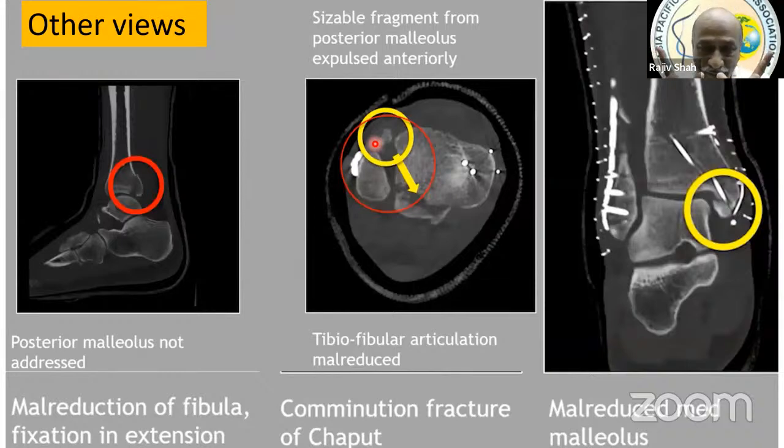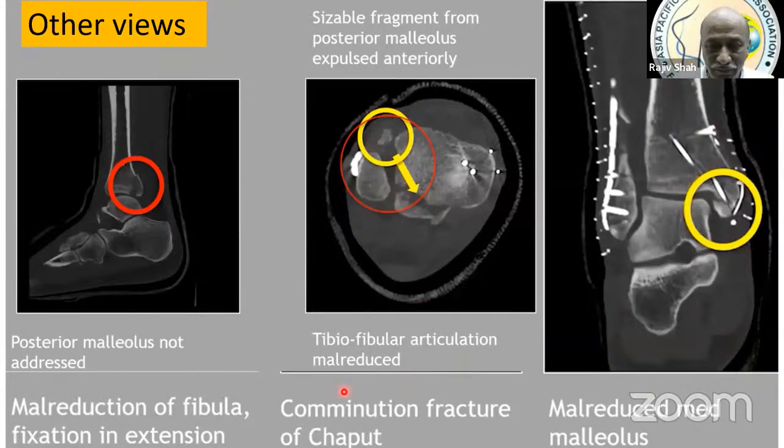I'll go personally to the CT scan, or my fellow would go, position the limb into equal amount of rotation, and you get a bilateral axial CT scan at the level of the ankle joint. You will see the incisura, you will see the fibula, you will see whether the fibula has gone up or down, where your screw line is, everything. So whenever you're thinking to revise any ankle fracture, the single most important investigation is a bilateral axial comparative CT scan, where your radiologist must make sure that he is putting the foot and ankle into the same degree of rotation.